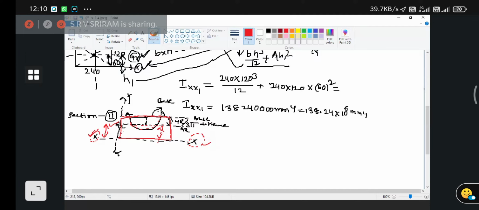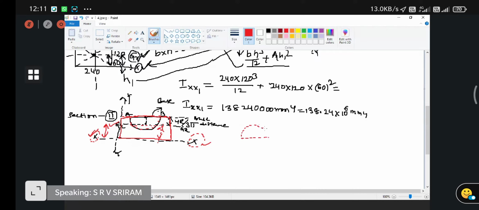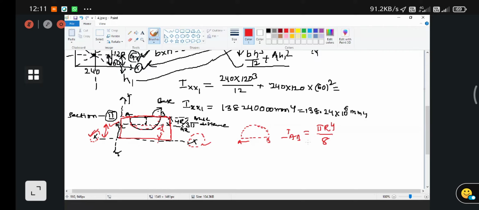In order to apply the parallel axis theorem, I have the formula for this quarter semicircle. About the base axis I get pi r power 4 by 8. But I don't know the value of the central axis I.